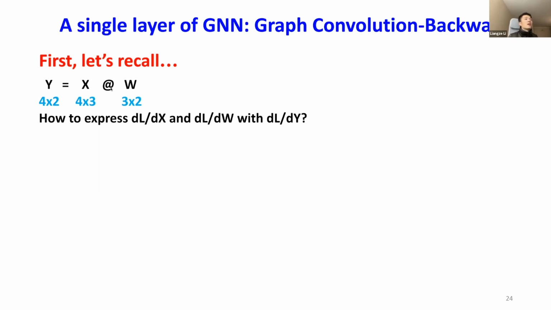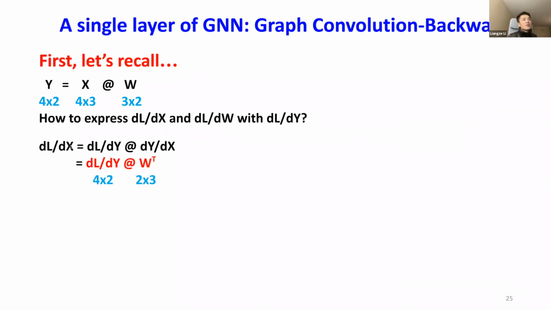So here, let's make a toy example, right? Y is the matrix multiplication of X and W. Let's say that Y is 4 times 2, and X is 4 times 3, and W is 3 times 2, right? So if we have a loss and we have the derivative of the loss with respect to Y, how do we get to the derivative of the loss with respect to X and W?